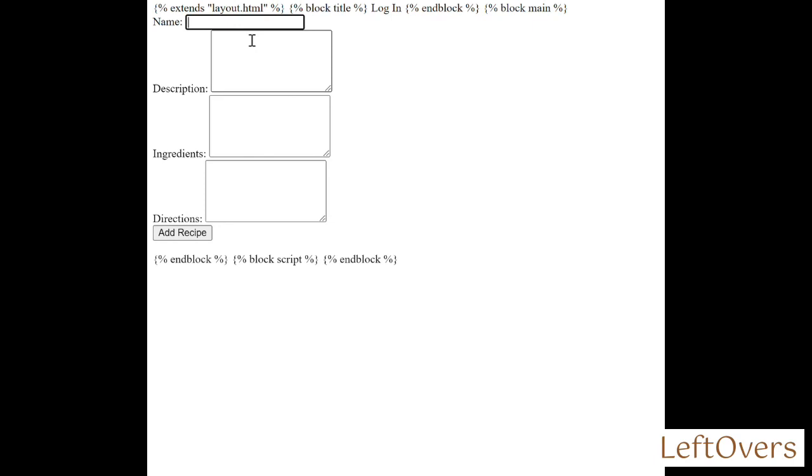So a user would input the name, say, chicken pot pie, a description, baked meal, ingredients, leftover chicken breast, etc. And the directions, like heat oven to 350, and we would add the recipe and it would be inputted into a database.